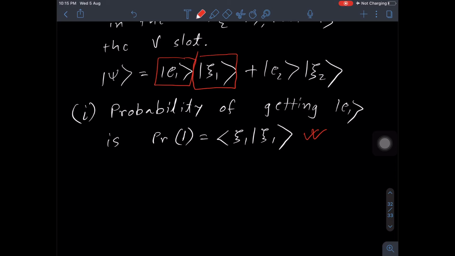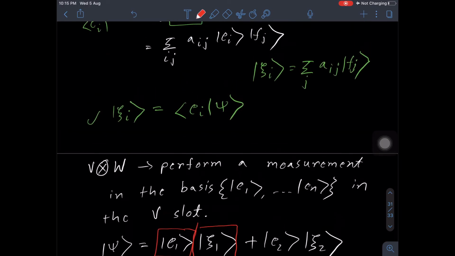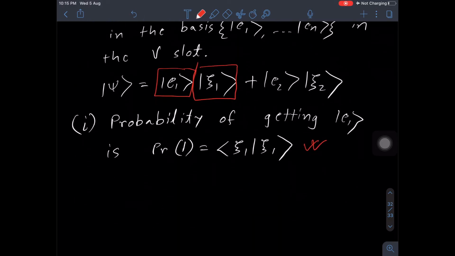Or you can look at it as I showed it here, that psi i is just the inner product of psi with Ei, then I can write that this is equal to the mod square of E1 psi.